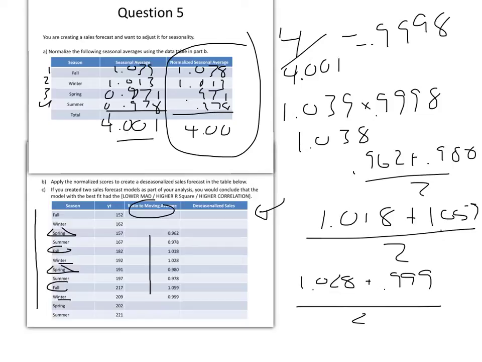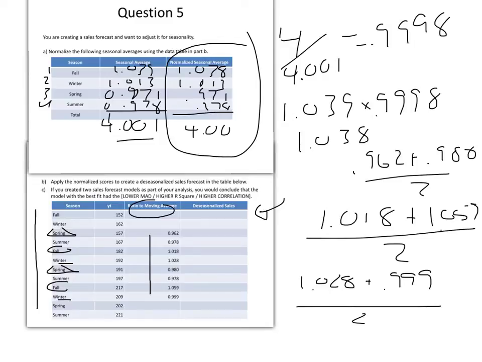What this in effect does, if we look at this, it means that in fall our sales are slightly above average, as they are in winter, and in summer and spring, because they're less than 1, they're going to be slightly less.